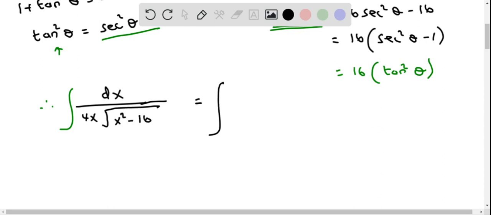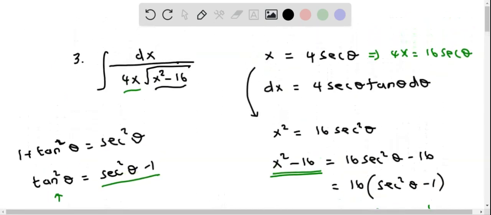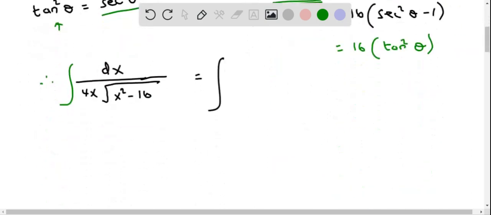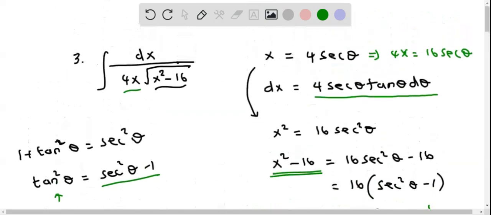So let me first replace for dx. Dx is replaced by this expression, that is 4 secant theta tangent theta d theta. So this is 4 secant theta tangent theta d theta, and this is over, replace 4x by 16 secant theta.